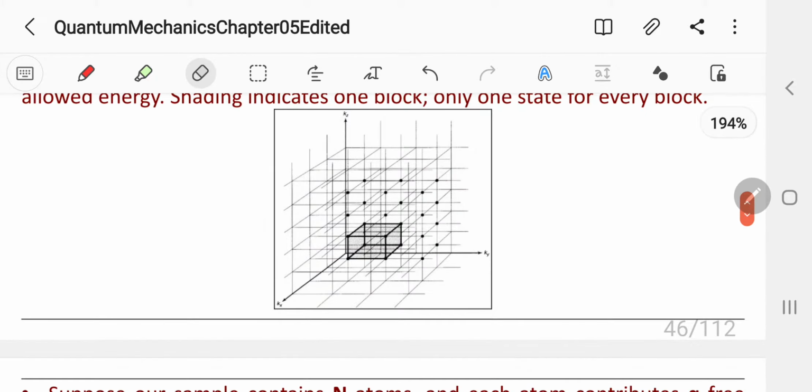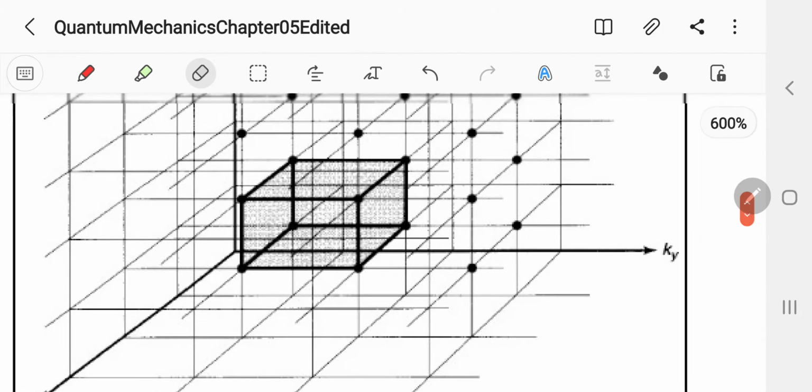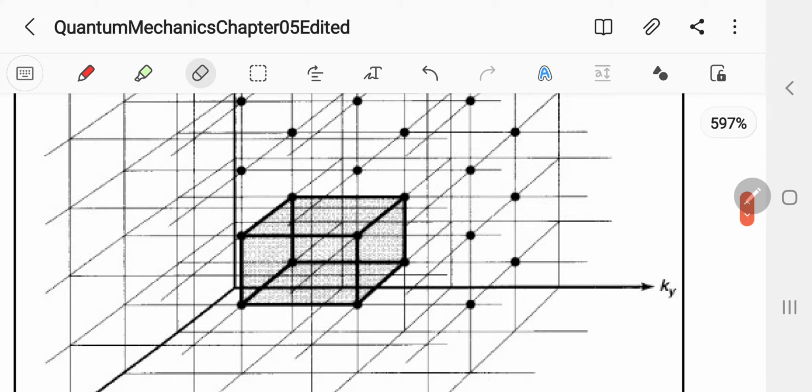Here, if we magnify it, this is Lx, this is Ly, and this is Lz.